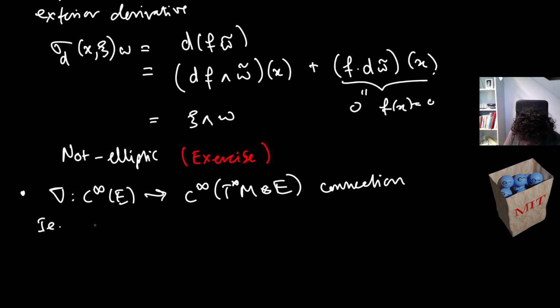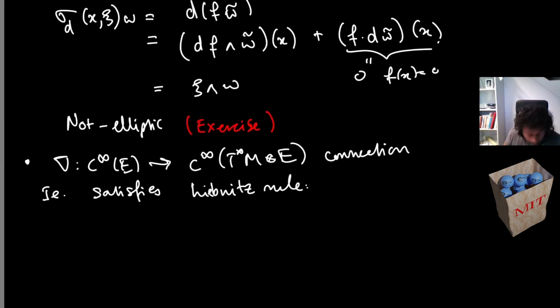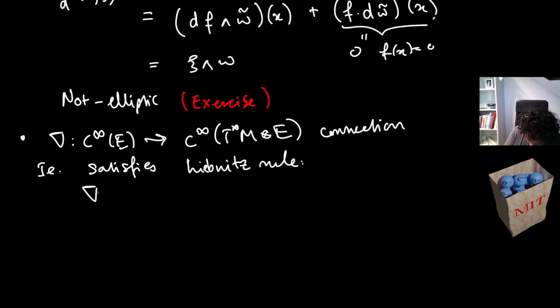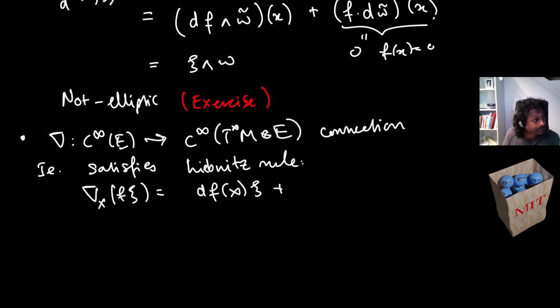It satisfies the Leibniz rule in particular. If we plug in a vector here, then the connection of f psi is equal to df tensor psi plus f times the connection of psi.